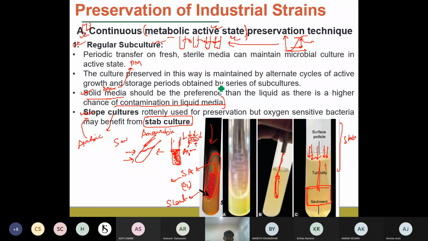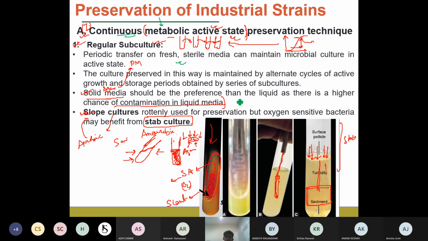Then we started discussing the techniques by which we can preserve the microorganisms as well as maintain the metabolically active state. One of them is regular subculture. Subculturing in liquid media is something that we have to do for a long period of time, and it is prone to contamination.